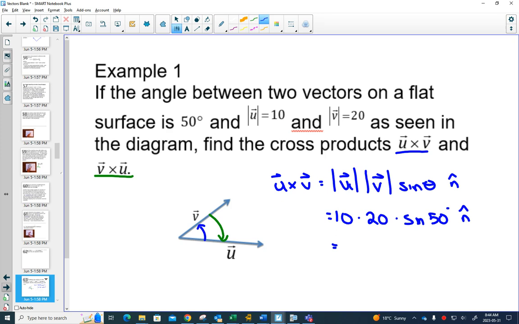Then we can type all of this into our calculator. Make sure your calculator's in degrees. Then we get 153.2.